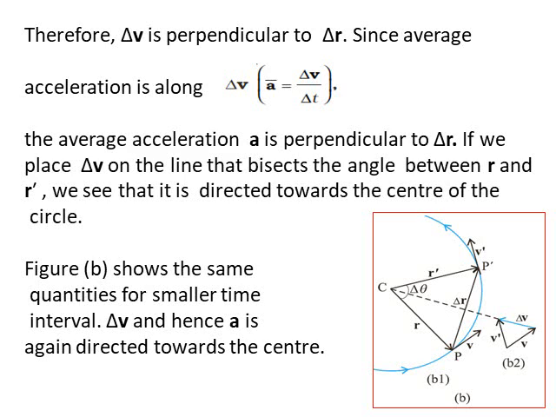If we place delta V on the line that bisects the angle between r and r dash, it is seen that it is directed towards the center of the circle as shown. Figure B shows the same quantities for a smaller time interval, and delta V and hence a is again directed towards the center.